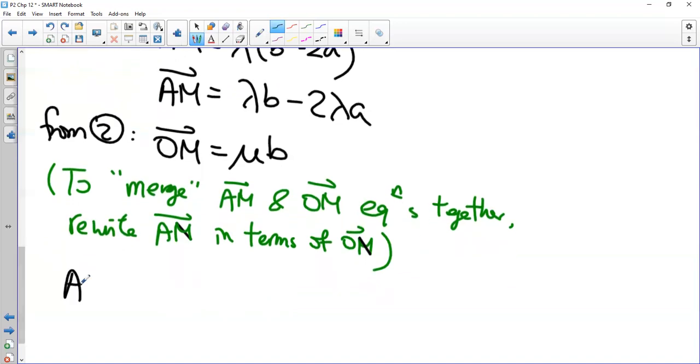So what does that mean? Well, if I want to develop a route from A to M, including OM, how would I write the route? Route means journey.